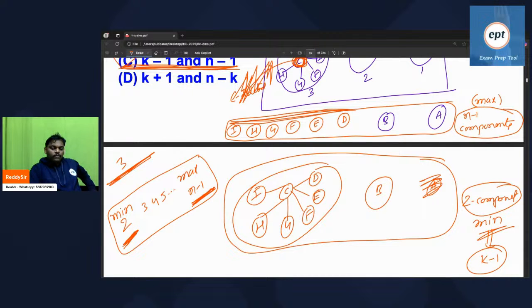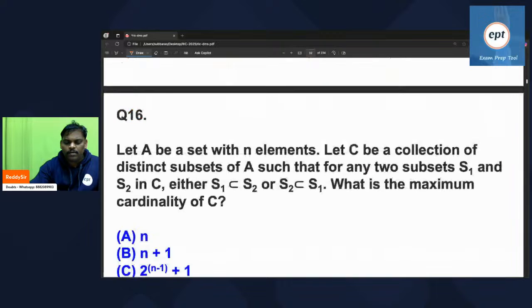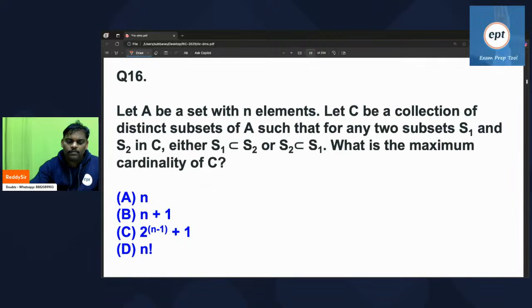Shikhar, you got it. Right, perfect. I think everyone got it.